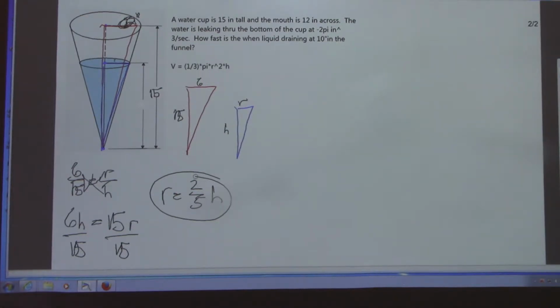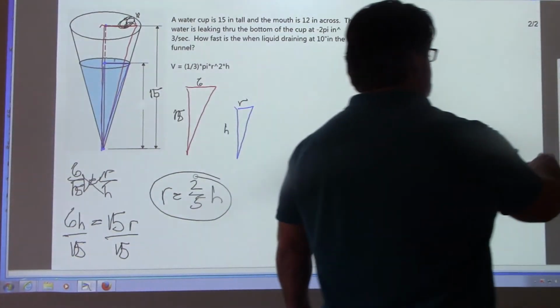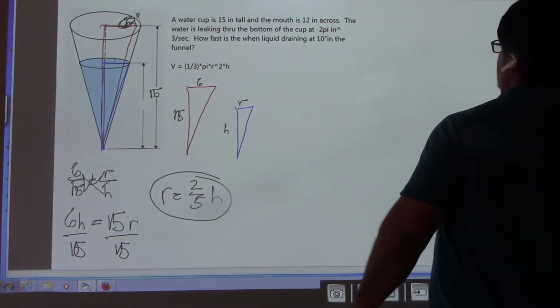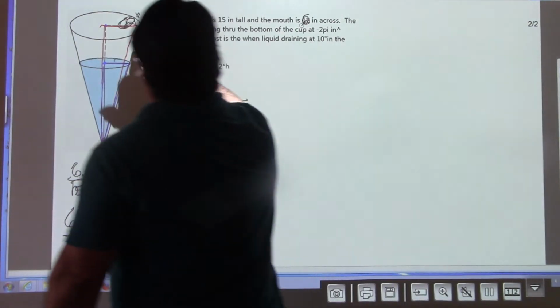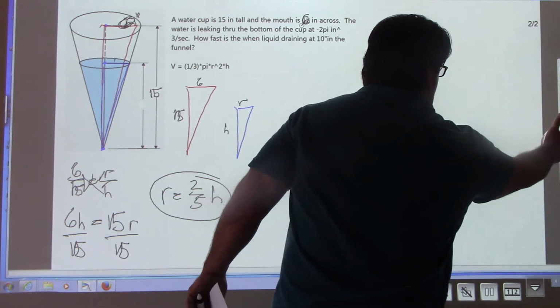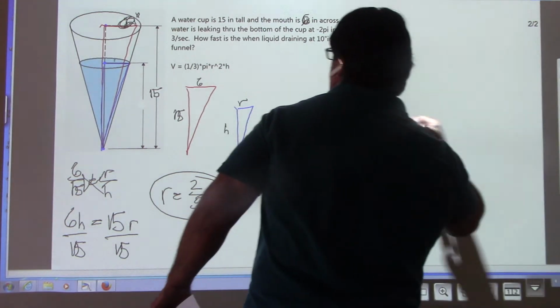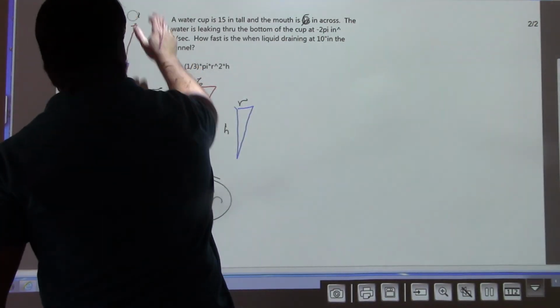Okay, I've got an error here. It's not 12 inches across, it's 6 inches across. My bad. And this is 3. Sorry, I changed it when I was doing the problem.